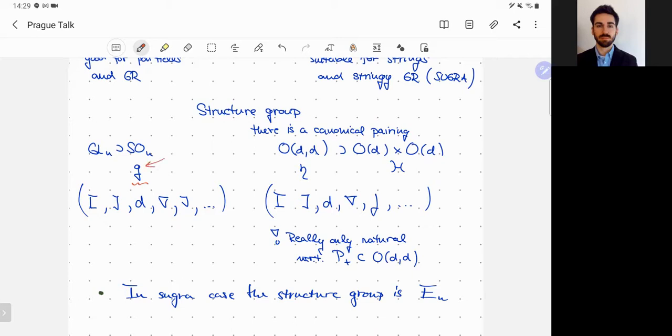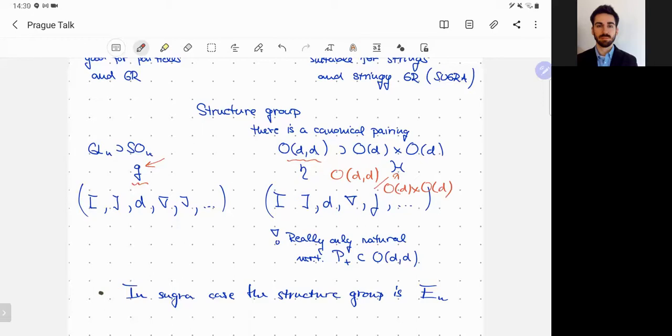There's an analogous setup here where if we start with O(d,d), we can find the maximal compact subgroup, O(d) times O(d), and this should be analogous to the metric of Riemannian geometry, and that's exactly this generalized metric we've seen in that Hamiltonian.